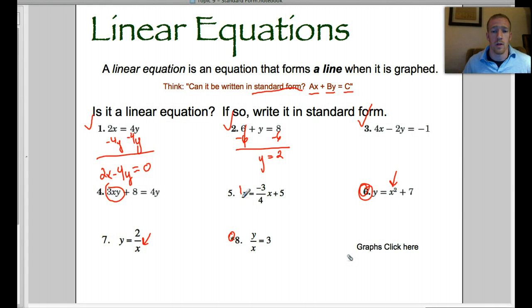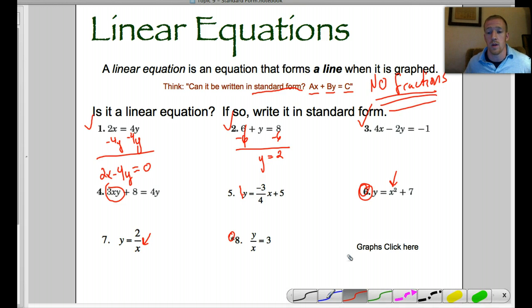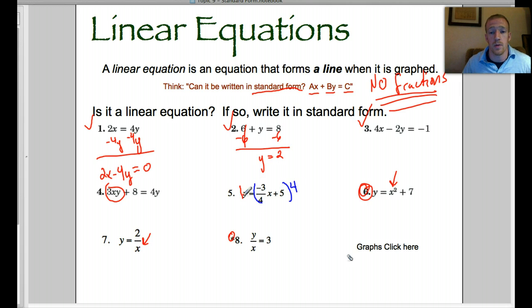Alright, this is like a 1 times y, a number, fractions are numbers too, a number times x plus 5. So it's not standard form, but it is linear. Because there's a fraction here, that's the other thing with standard form, they can have no fractions. So we've got to get rid of that denominator. Because it's a 4 on the bottom, I'm going to multiply both sides by 4.